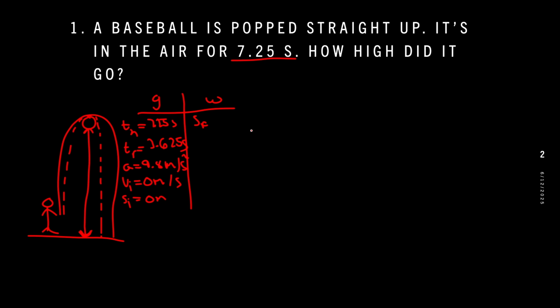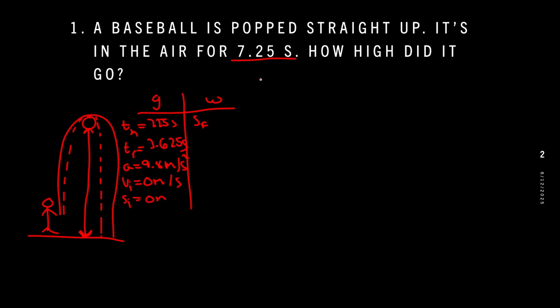Now we did our first 2 steps, and our third step is to find the right equation to use. This will take a little practice, so as you keep solving these problems, it'll be easier and easier to find the right equation to use.